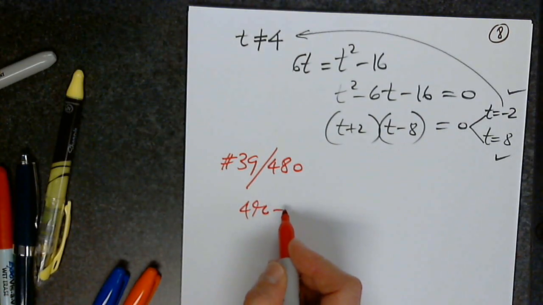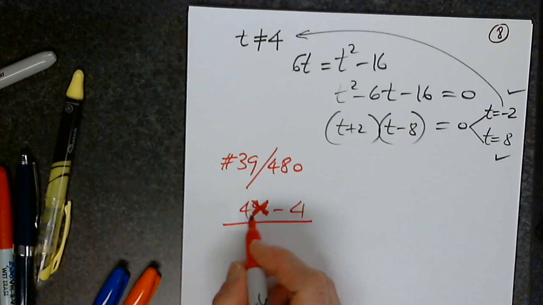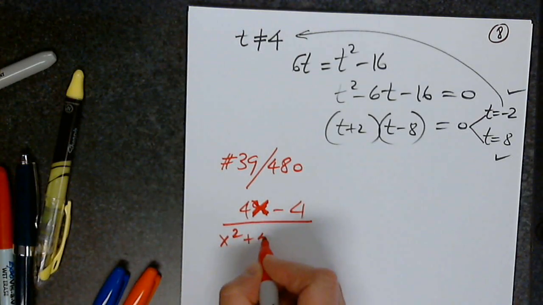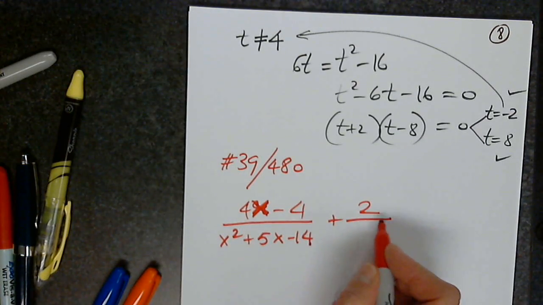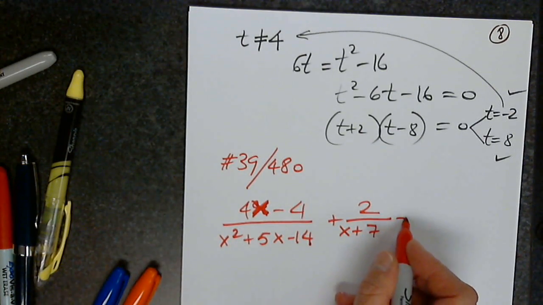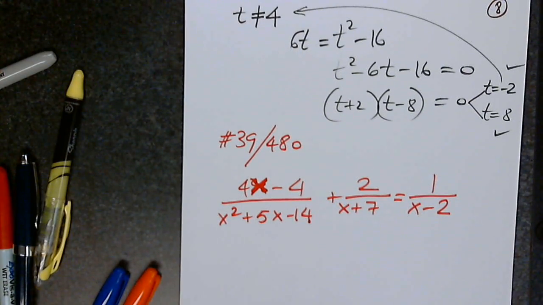For r, let me put x. 4x minus 4 divided by x squared plus 5x minus 14 plus 2 over x plus 7 equals 1 over x minus 2. Now, we see that this is an equation, right?